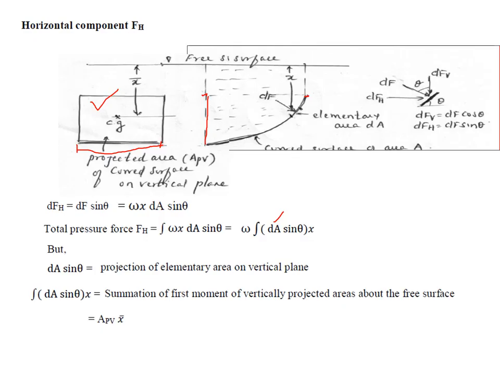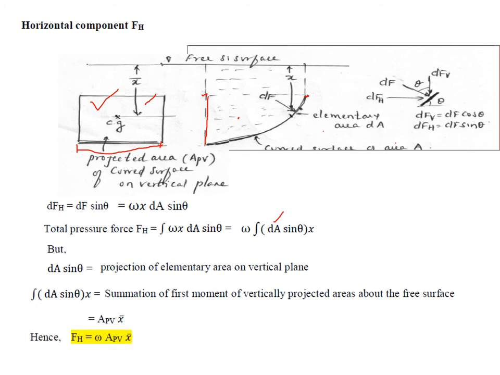The x bar is not the CG of this diagram. It is the CG of this, not the CG of this. So you have to be very careful. Here you have to take the CG of this vertically projected area and multiply by the distance.